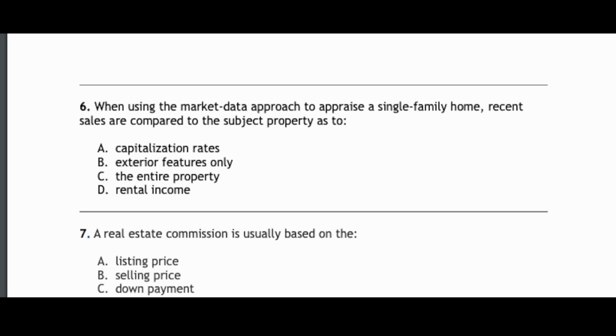Your answer is C, the entire property. The entire property is examined for comparison purposes. Income would be capitalization rates, rental income, capitalization rates would be the income approach, rental income approach, etc., etc.